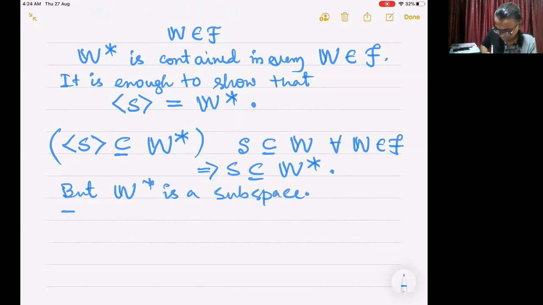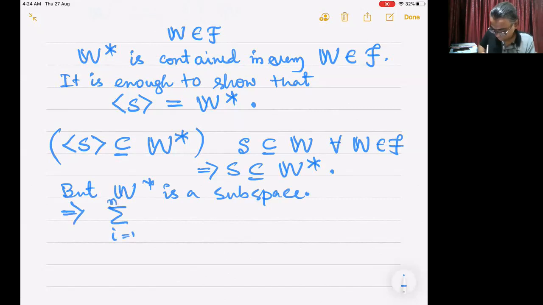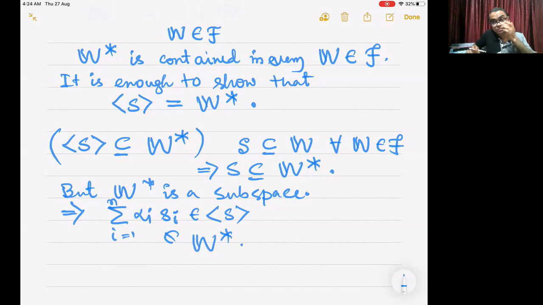So this implies any linear combination of elements like this, a typical element in the span of S, must be there in span of S, but this must also be there in W star, because W star is a subspace, right?